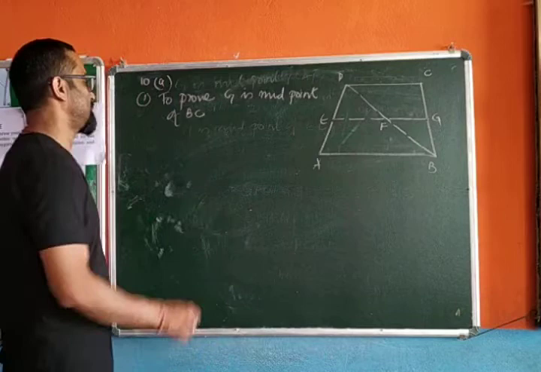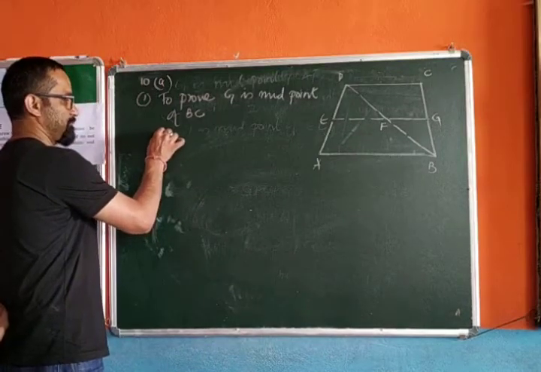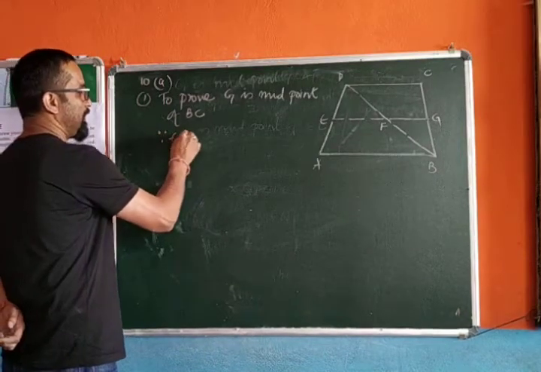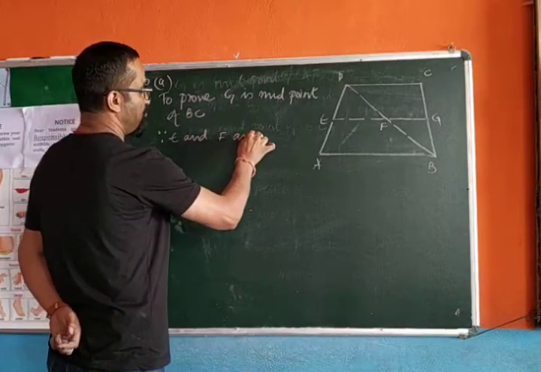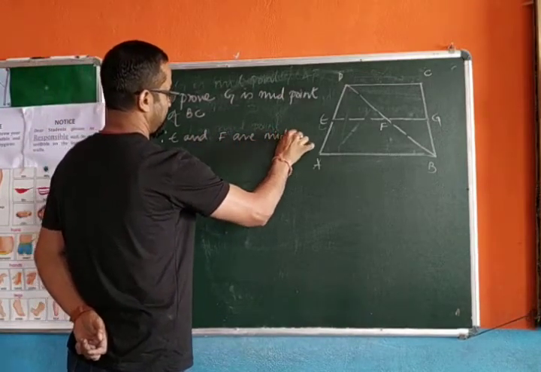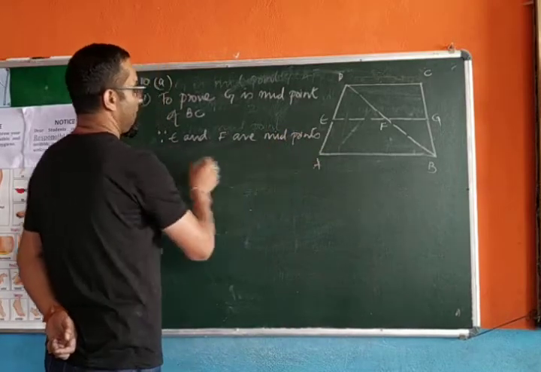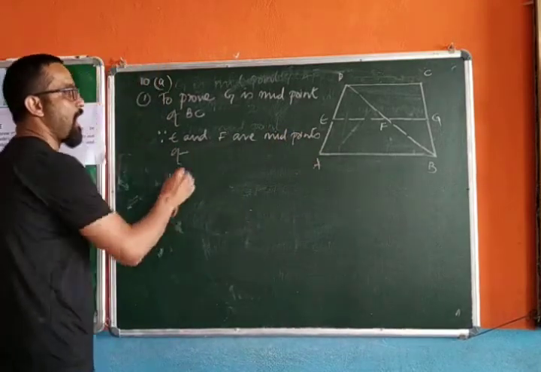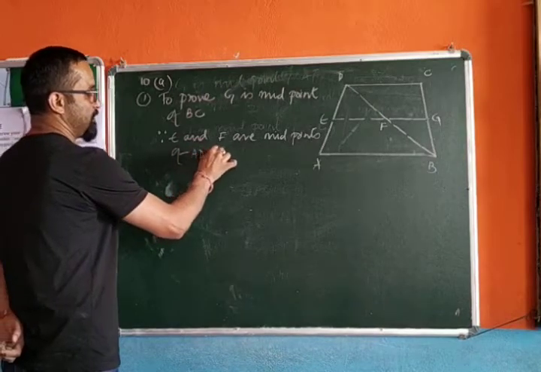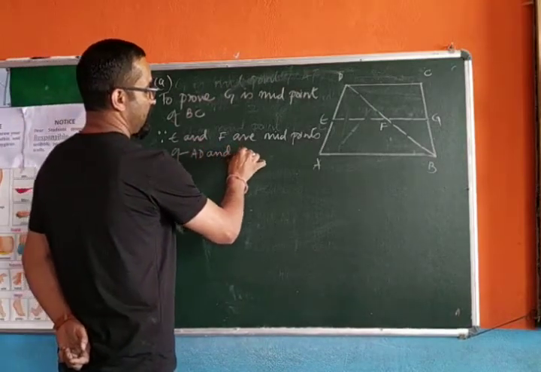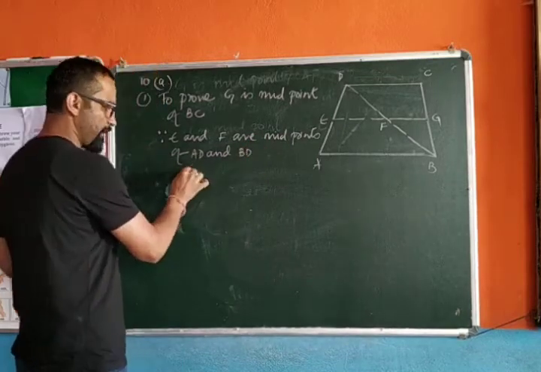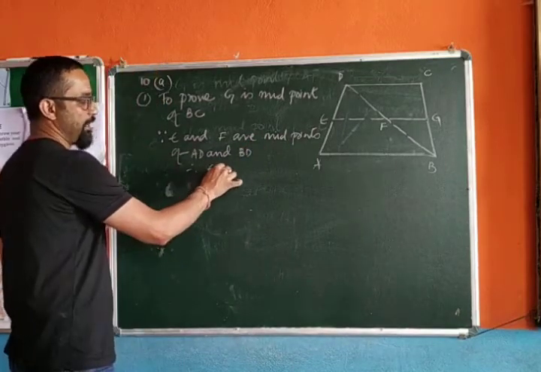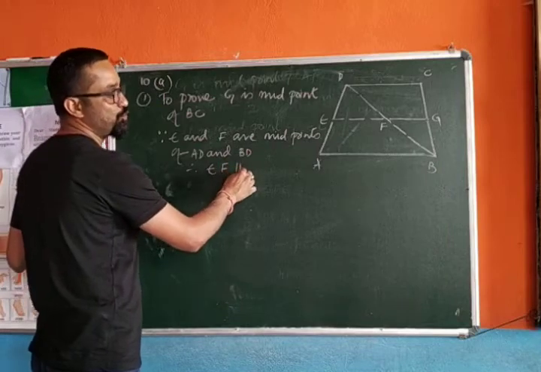Look at this. Since E and F are midpoints of AD and BD, therefore EF is parallel to AB.